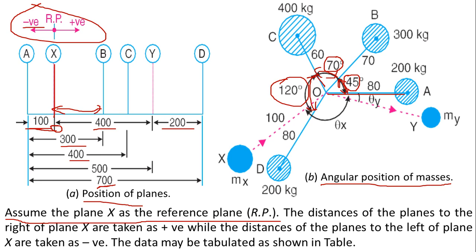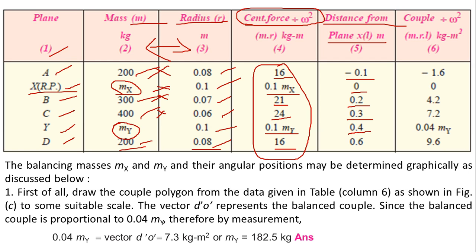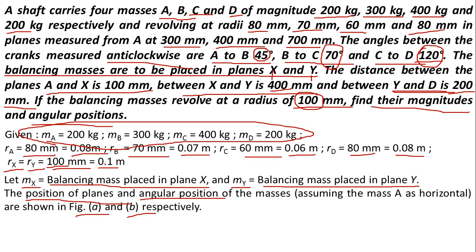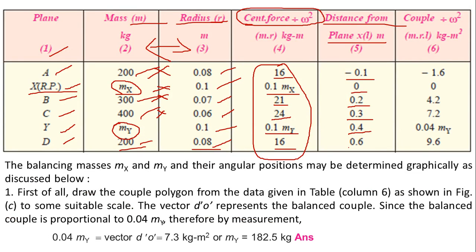Next, Y is given as 500 minus 100, 400, so 0.4 meters. Then the last one, 700 minus this 100, from X to D it is 600, so you get 0.6. So these are all the values for L.